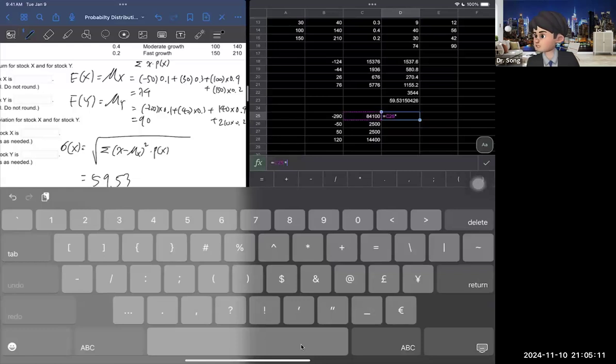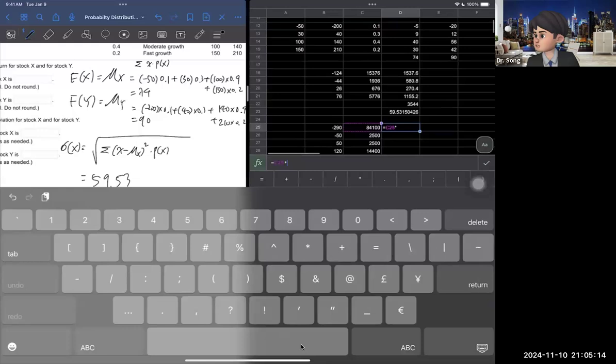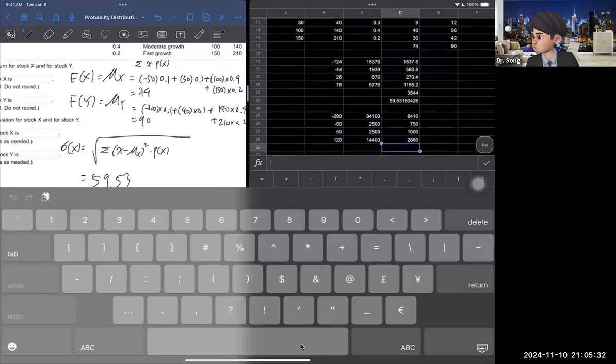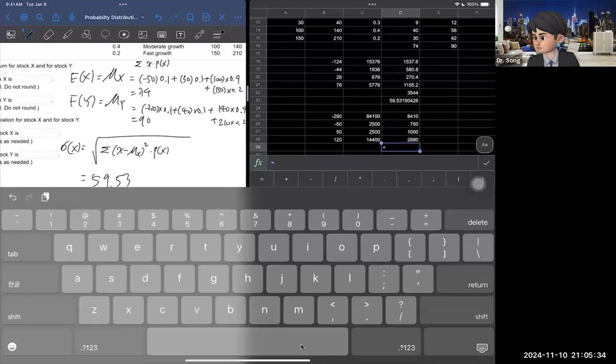So this 84,100 times the probability 0.1, and then 2,500 times the probability 0.3, this 2,500 times the probability 0.4, and then the last one is 14,400 times probability. And then you find the summation of these numbers, then you get the variance.